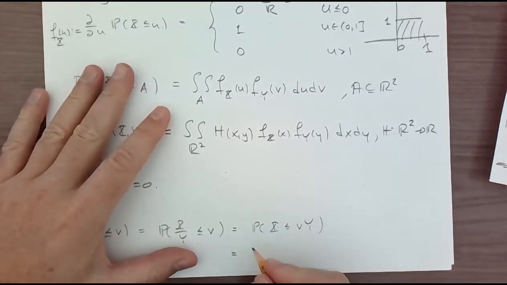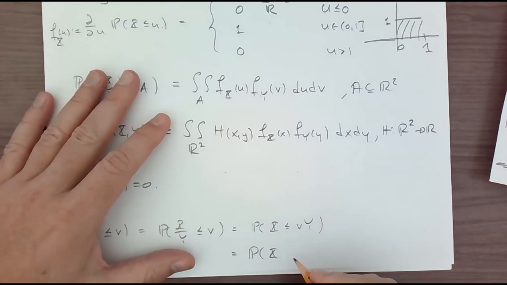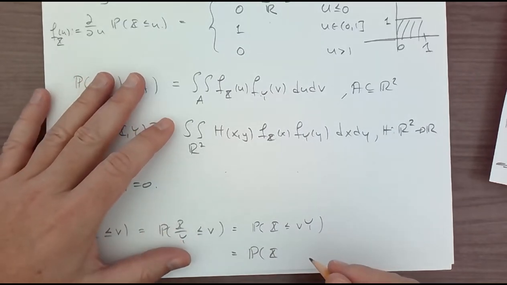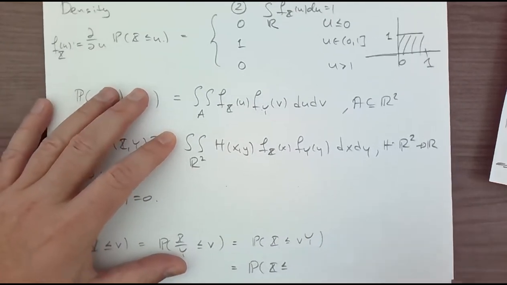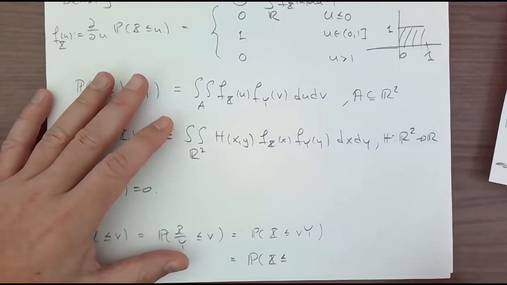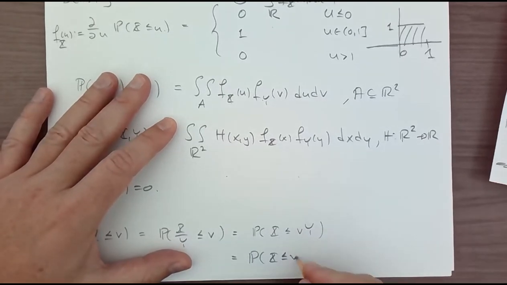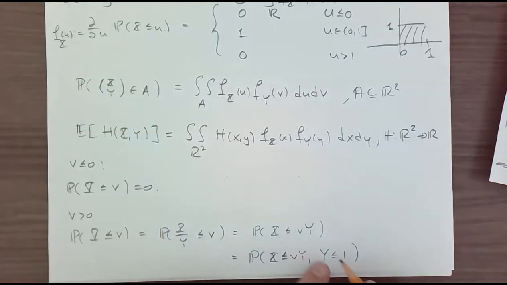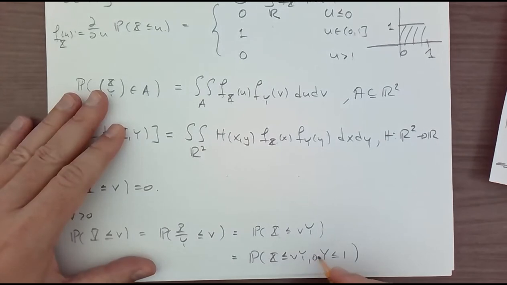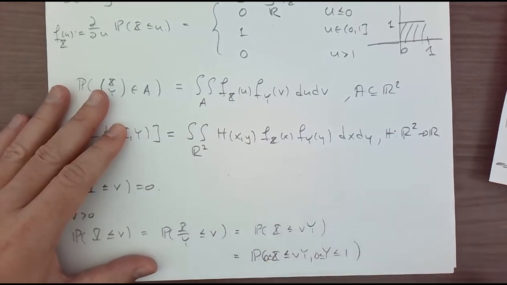So I could write this as X is less than vY, and Y takes values that are less than 1, because Y is uniformly distributed on the interval 0 to 1.